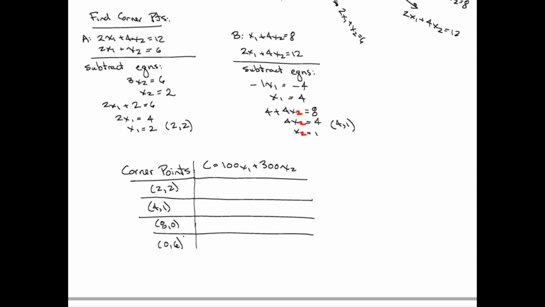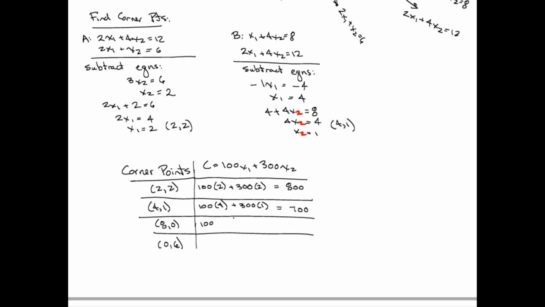Okay. What we're going to do is evaluate the objective function at each of these. So we do 100 times x1, which is 2, plus 300 times x2, which is 2. So that gives me 200 plus 600, so 800. Now I move to the next one, 100 times x1 plus 300 times x2. That gives me 700.